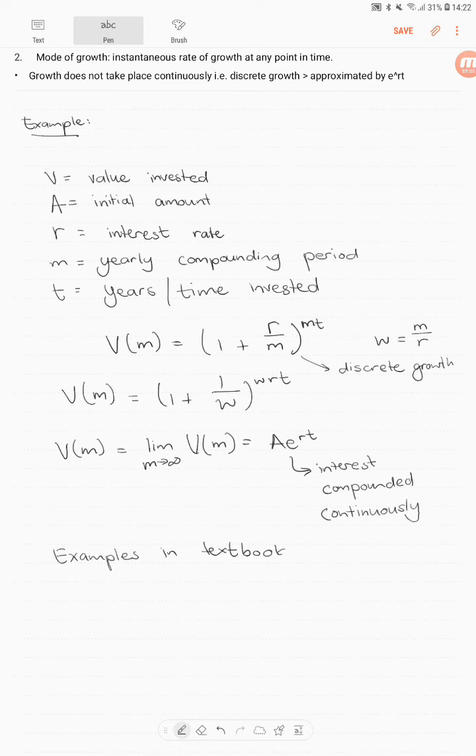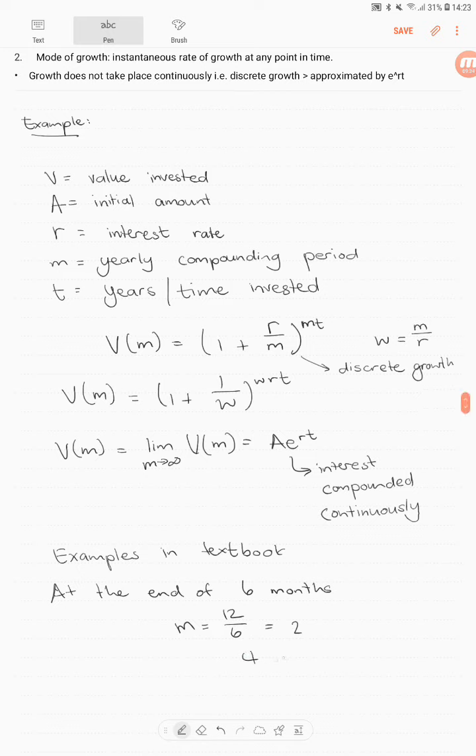One more thing I want you to note. For example, if you get interest at the end of 6 months, M will be equal to 12 divided by 6, which is equal to 2.